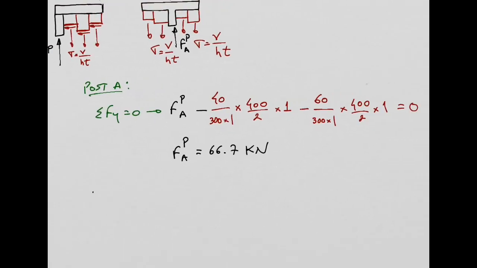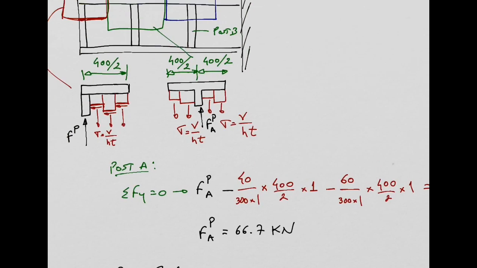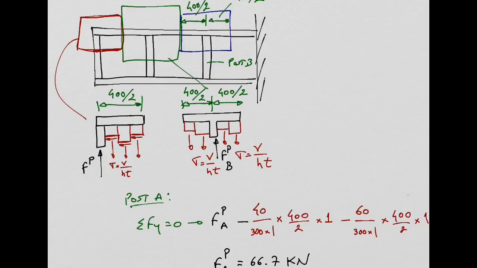For post B, we can do maybe summation of forces in y direction equal to 0 again. So you have the force in post B. It's very similar to this one. The only difference is here you don't have force in post A, but you will have force in post B. Even these dimensions, 400 over 2, are the same.